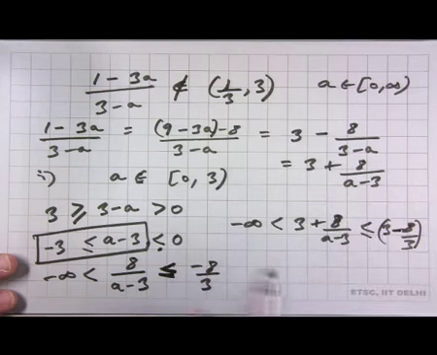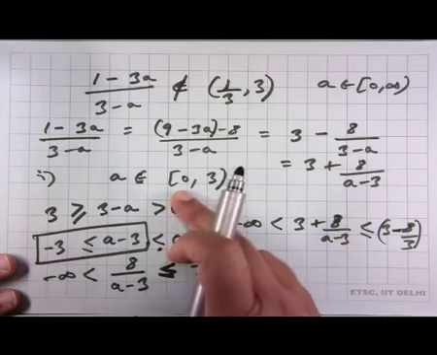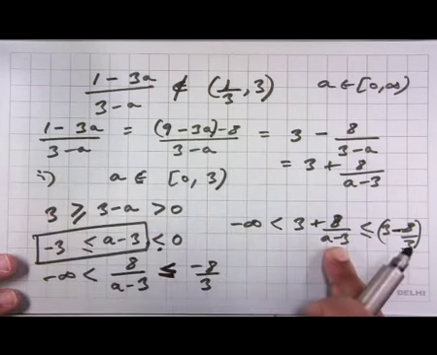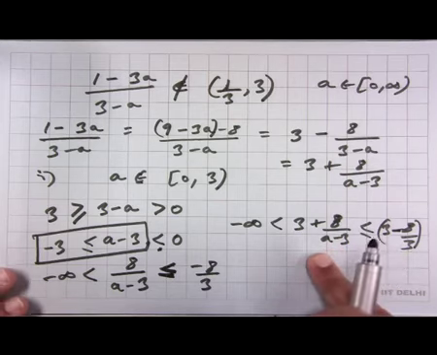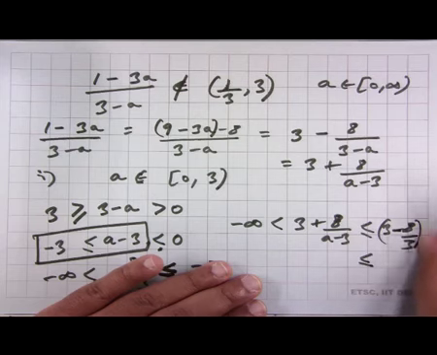At the end what we get is that if a belongs to the interval 0 to 3, then this particular ratio will take all values which are less than or equal to, and if you calculate this, this is 1 over 3.